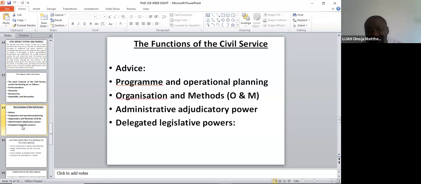Administrative adjudicatory powers also lie within the civil service, as they guide the government of the day or the political class on the best possible way to carry out government functions. Delegated legislative powers: they help the government of the day in carrying out functions that ordinarily cannot be all concentrated in a single position, like we discussed in the last class, in tandem with the principle of decentralization.